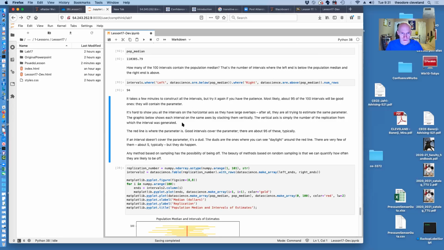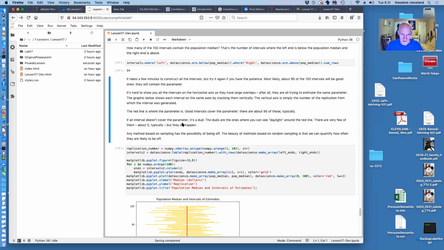It's hard to show all the intervals on the axis as there are overlaps. So instead, we're going to generate a graphic that stacks the intervals vertically. The vertical axis is simply the replication number. The horizontal axis will represent the interval estimate, and we're going to produce a red line which represents the population value.